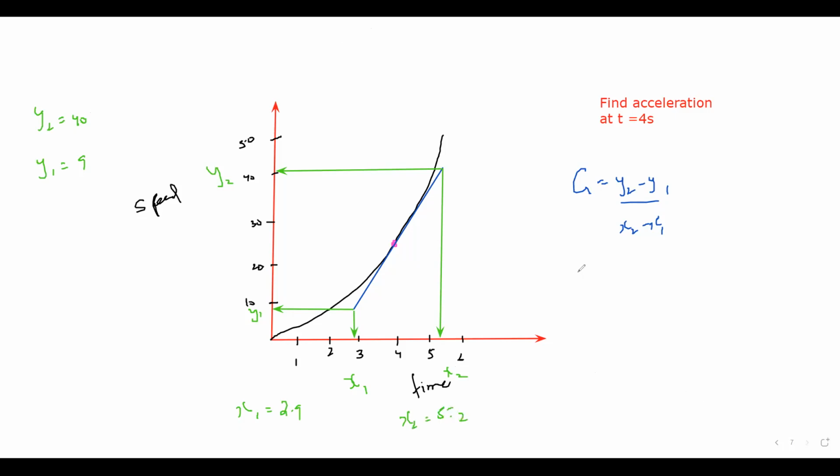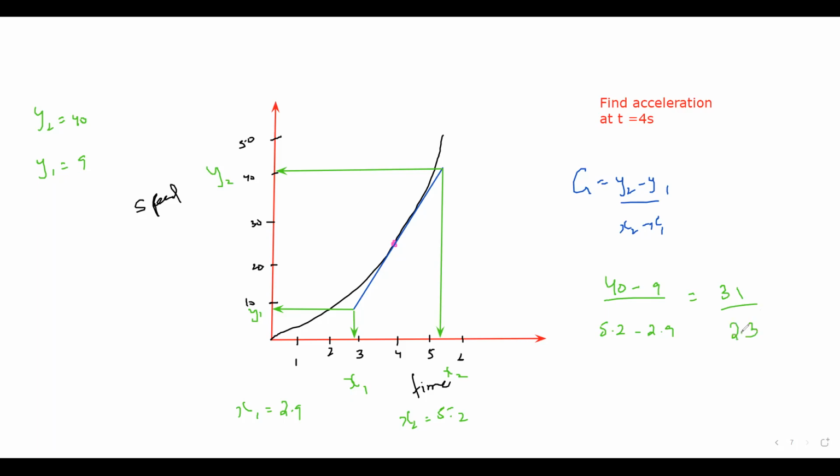So when you substitute the values, y2 minus y1, it will be 40 minus 9 divided by 5.2 minus 2.9. So 40 minus 9 is 31, and 5.2 minus 2.9 is 2.3.